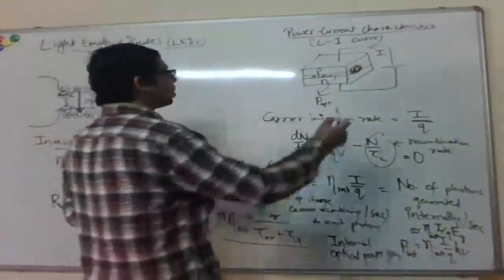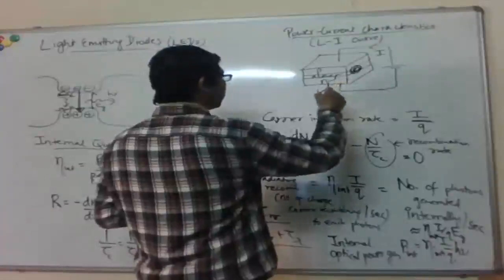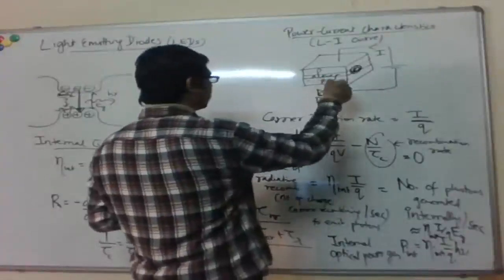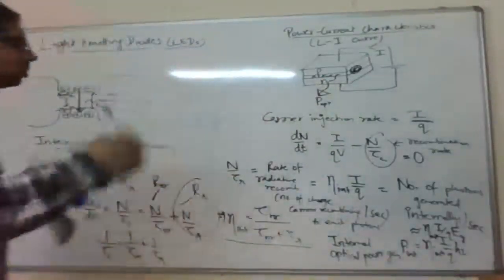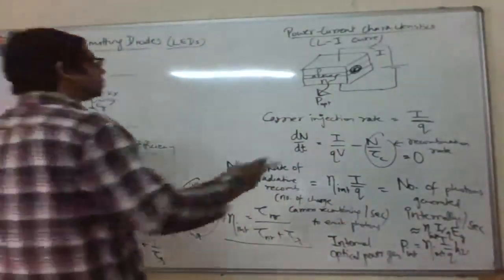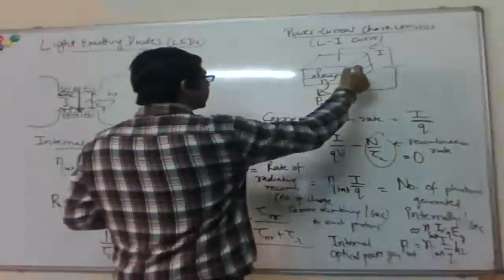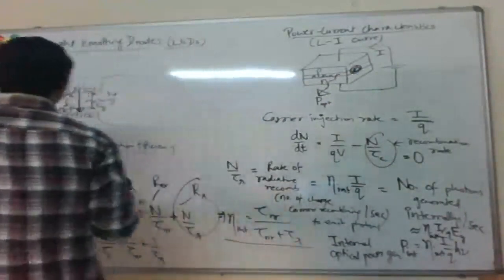Okay, but of course, what we are finally interested in is what is the power coming out of the device, right? Which we can, for example, couple into an optical fiber or whatever. Right, so not all the light which is generated inside the device escapes out.